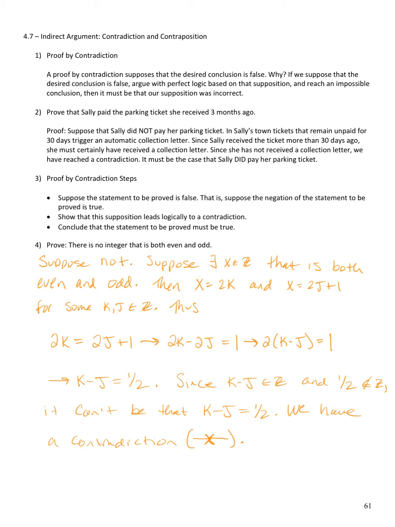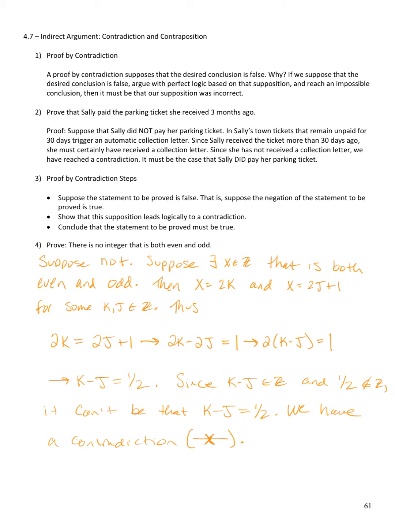Thus, m squared is 2k plus 1 squared, which is 4k squared plus 4k plus 1, which is 2 times 2k squared plus 2k, plus 1. Since 2k squared plus 2k is an integer, m squared is odd, or not even, right?